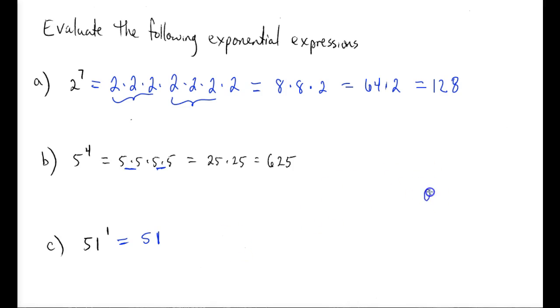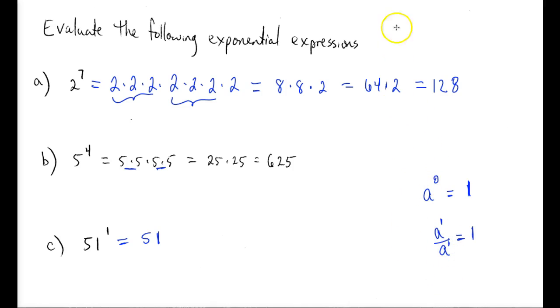Another thing I want to add here is any number raised to the 0 power is the same as 1. And the reason for that is that anything raised to the 0 power is another way of saying that same thing divided by itself. And the reason that's true is because here we could look at this as a raised to the power of 1 over a raised to the power of 1.